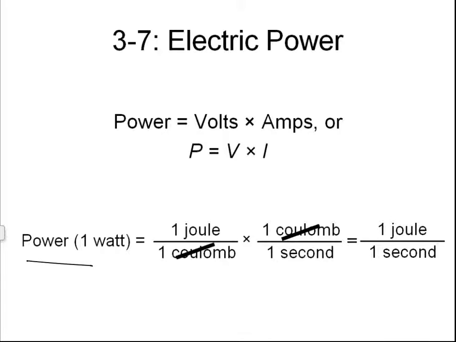So power being voltage times current, it is then also equal to 1 joule per coulomb times 1 coulomb per second. Well, the charge cancels out, and you end up with work over time. Power equaling work over time.